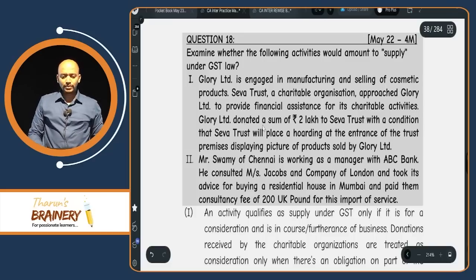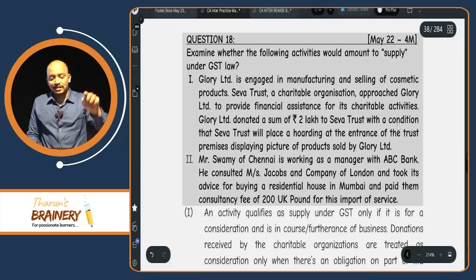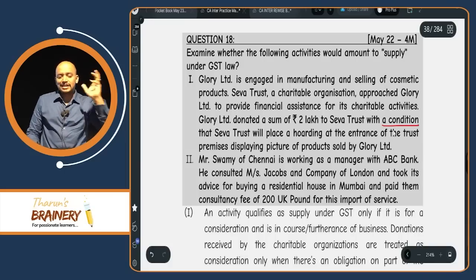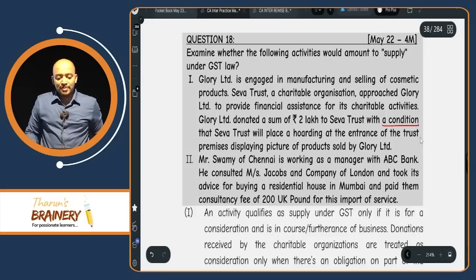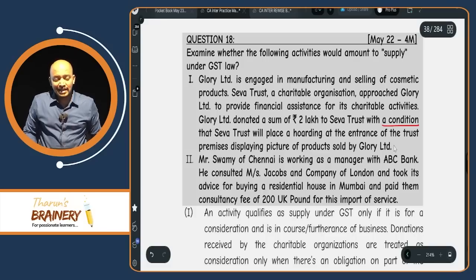Glory Limited donated a sum of 2 lakhs to Seva Trust with a condition, that Seva Trust will place a hoarding at the entrance of the trust premises displaying picture of the product sold by Glory Limited. What type of donation?